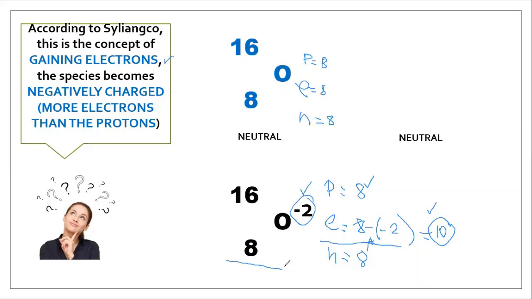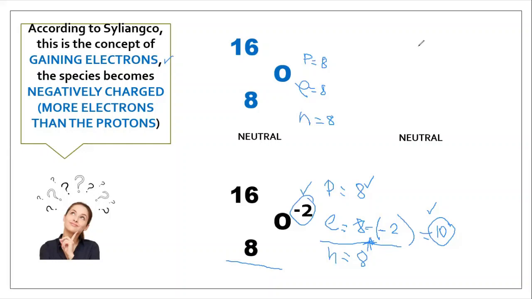Ibig sabihin, mas lamang ang electrons niya kasi nagdagdag ka ng dalawang electrons o nadagdagan ng dalawang electrons si oxygen. Yun naman po yung pinaka-twist natin for the second part in gaining. Kung may negative ka dito, minus, ibig sabihin magiging addition naman po siya. Okay, so that's why we actually get the concept of gaining the electrons.